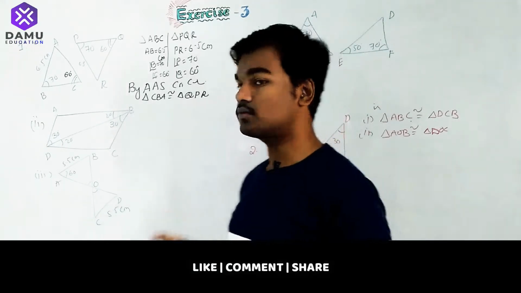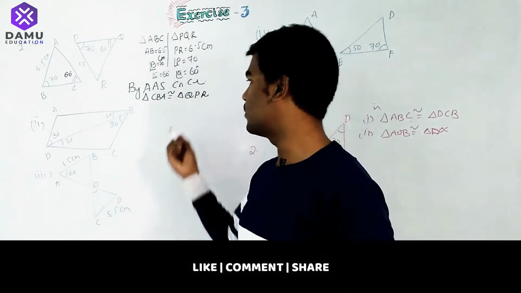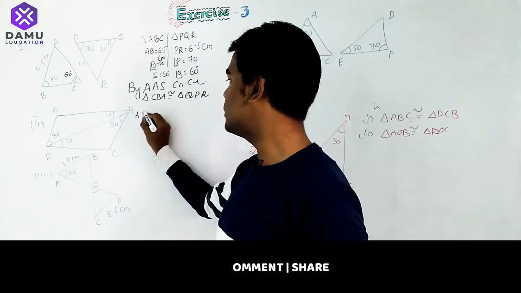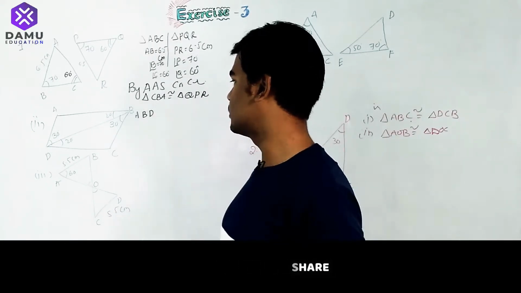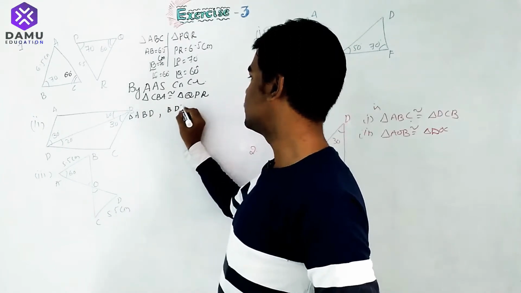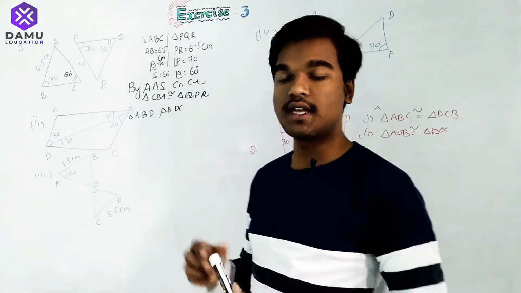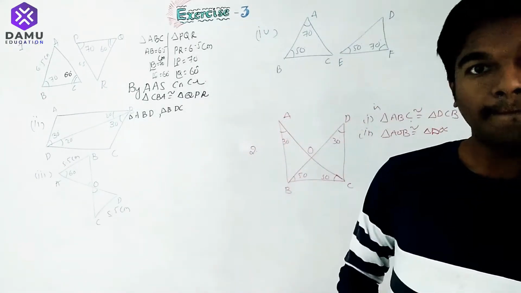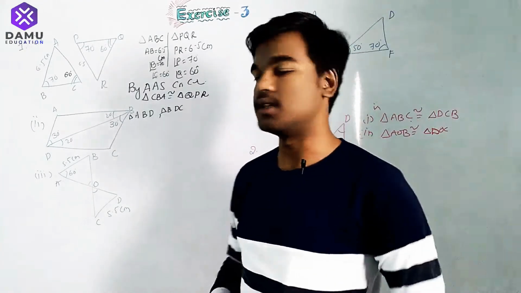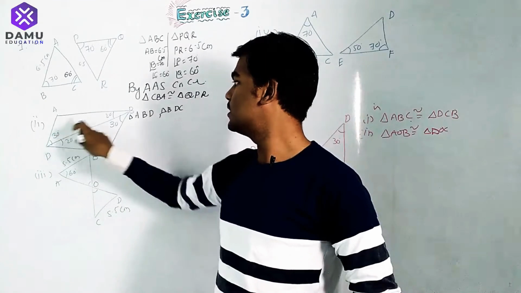Next one. Here two triangles are given, ABD and BDC. Let's take 30 degrees and 20 degrees.